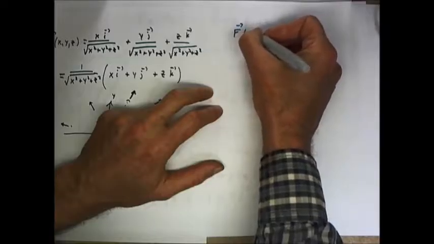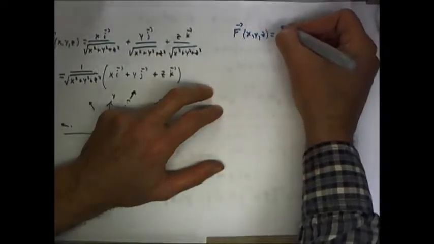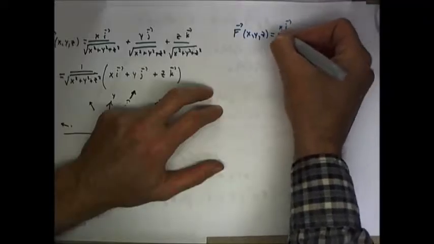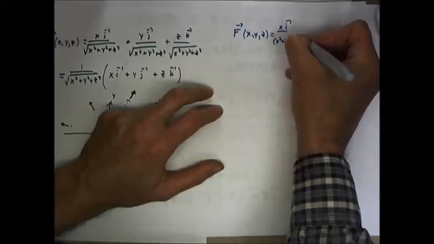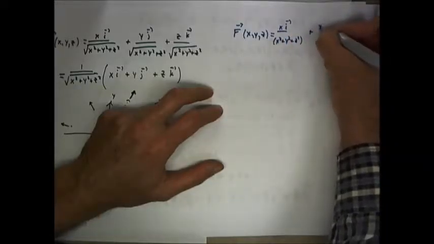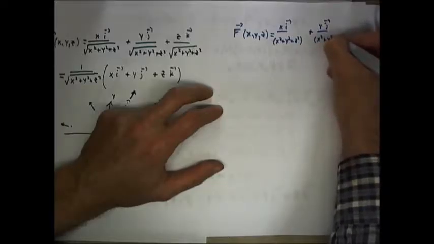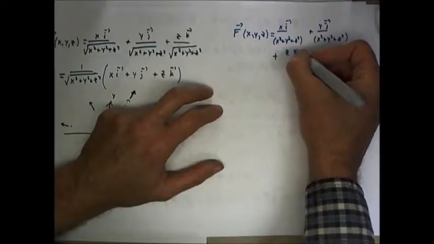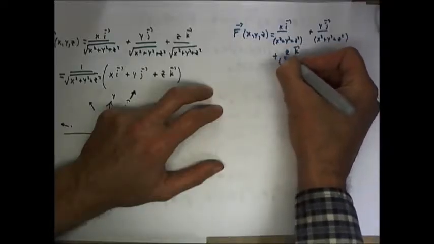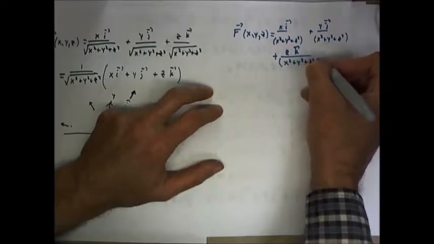But let's now do f of x, y, z equal to xi over the quantity x squared plus y squared plus z squared plus yj over the quantity x squared plus y squared plus z squared plus zk over the quantity x squared plus y squared plus z squared.